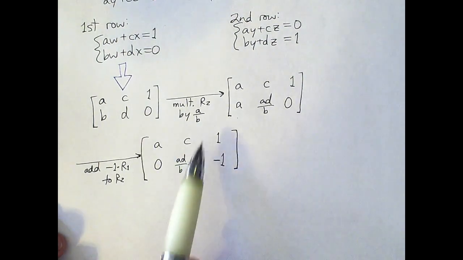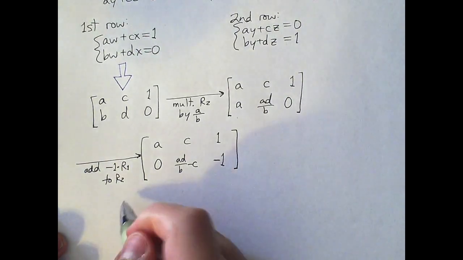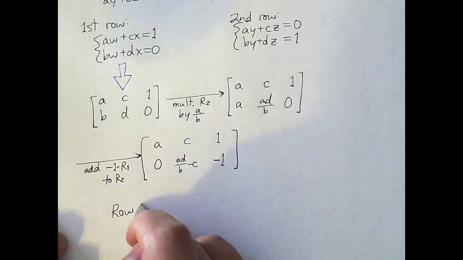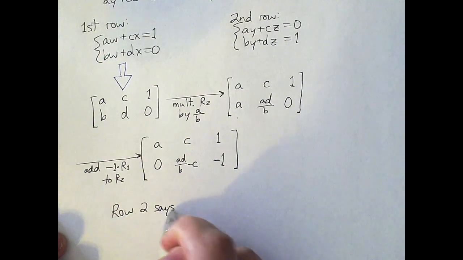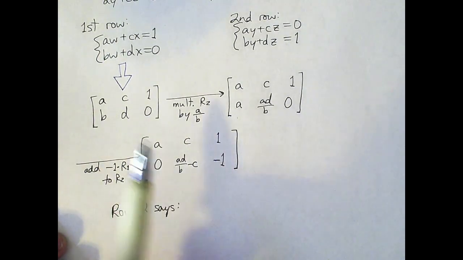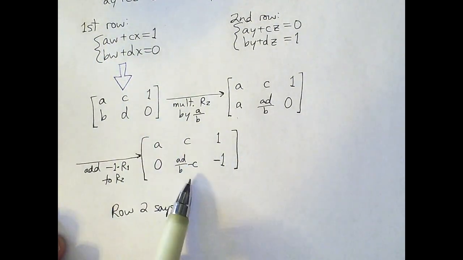Now it's a system that's in triangular form, so we're supposed to be able to solve it using back substitution, right? So now we could say row 2 says, as an equation, what does row 2 represent? We went from the equations to the augmented matrix. Now I want to go from the matrix back to equations.